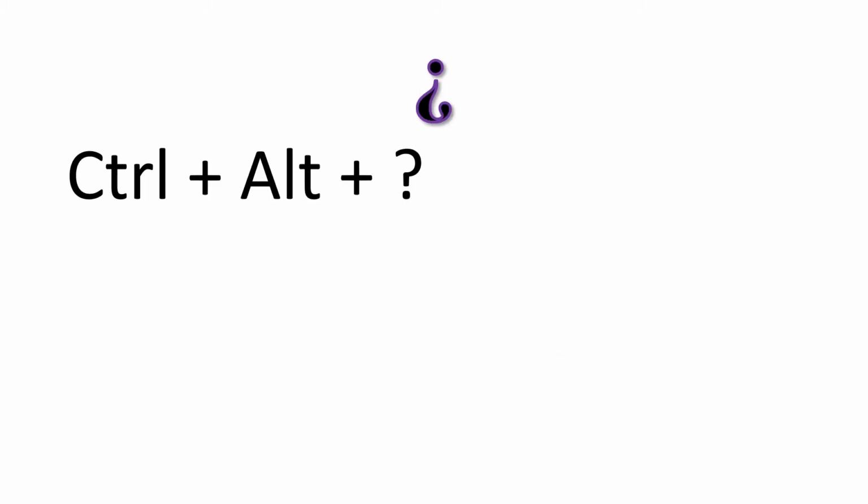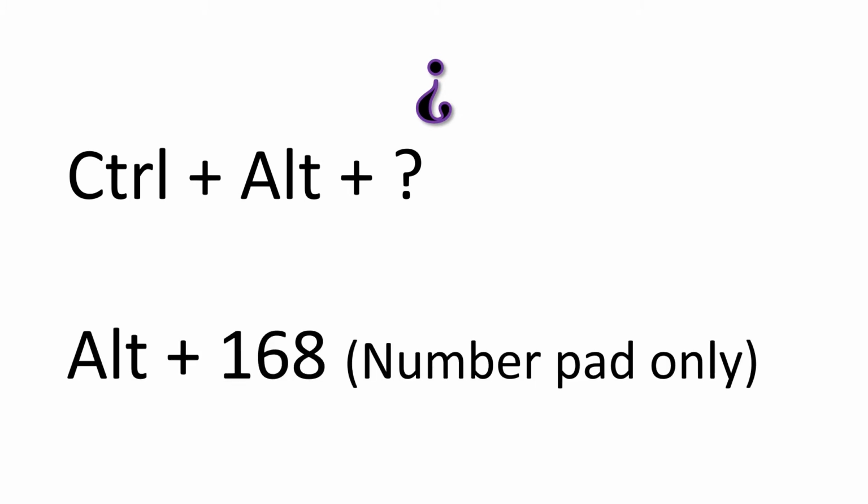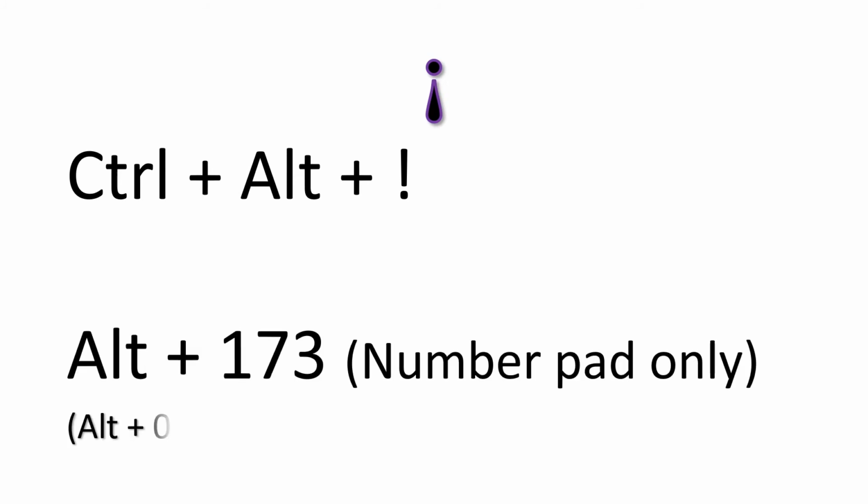Upside down question mark, Control plus Alt plus question mark, or Alt 168 on the number pad, or Alt 0191. Upside down exclamation point, Control plus Alt plus exclamation point, or Alt 173 or Alt 0161 on the number pad.